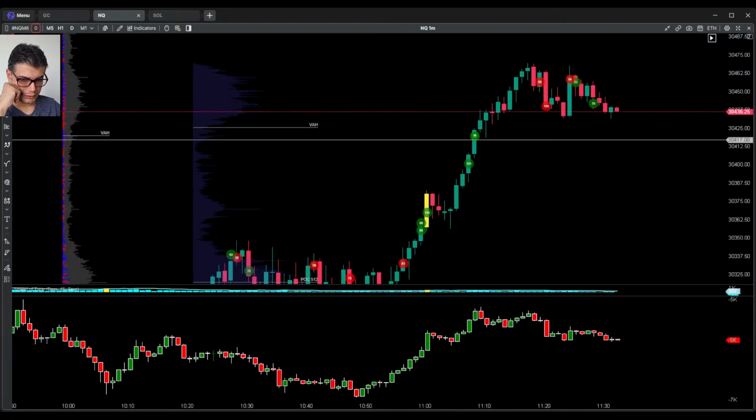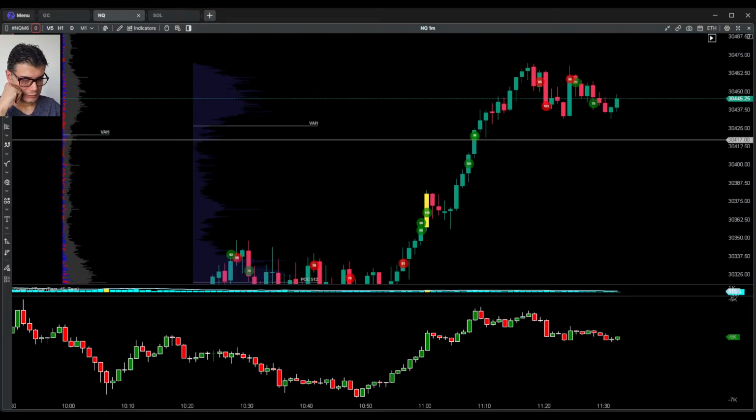On the other hand, if I measure this low to this high, let's see how far this candle went. So 70%, 35%, that's half of this gain.